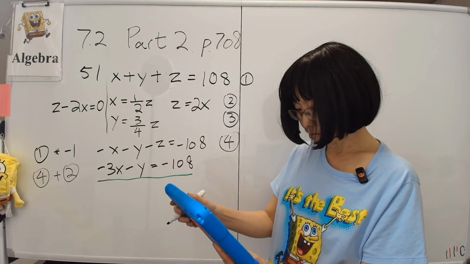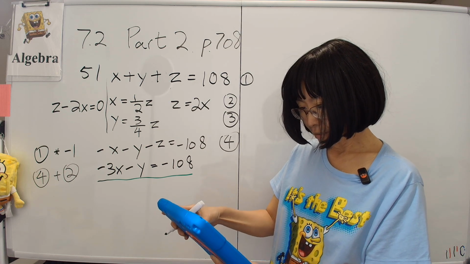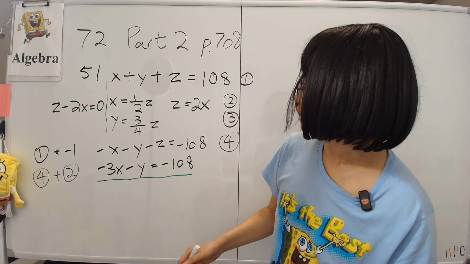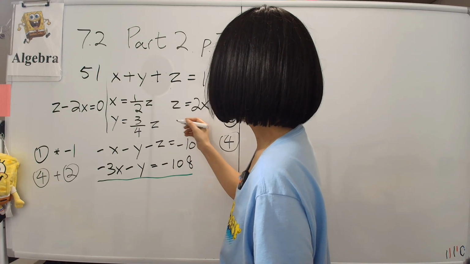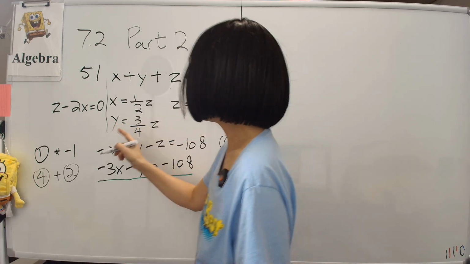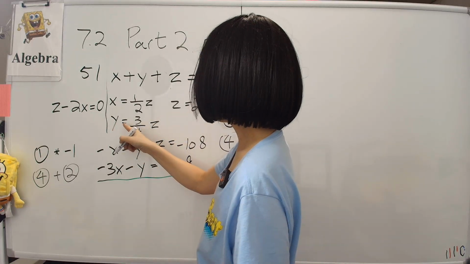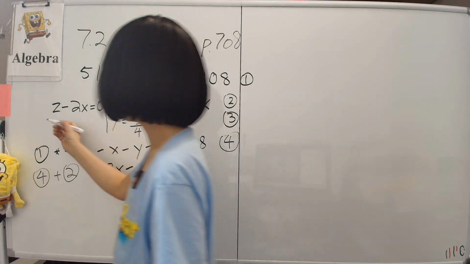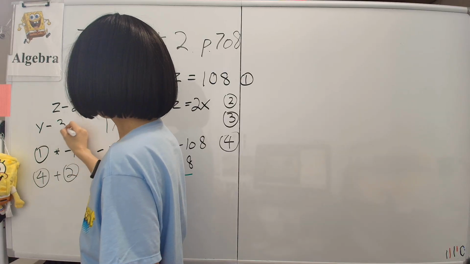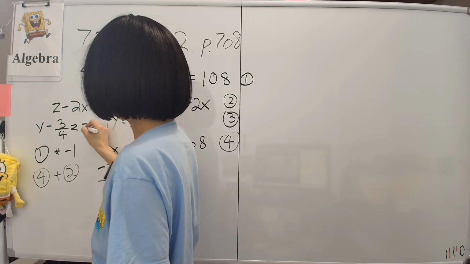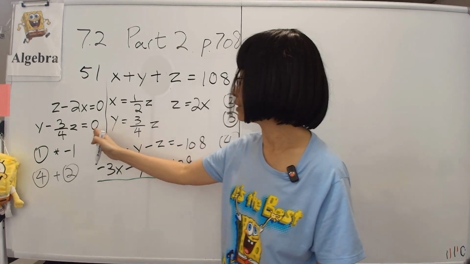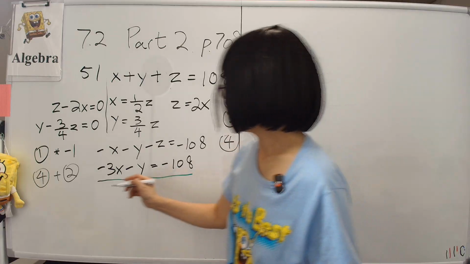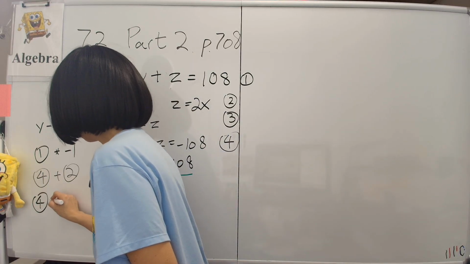We will add it to equation 3 in this way. We'll rename it as y minus 3/4 z equal to 0. That way we'll have all the variables on one side and all the numbers on the other side, so we're systematic. So now we're going to do equation 4 plus equation 3.